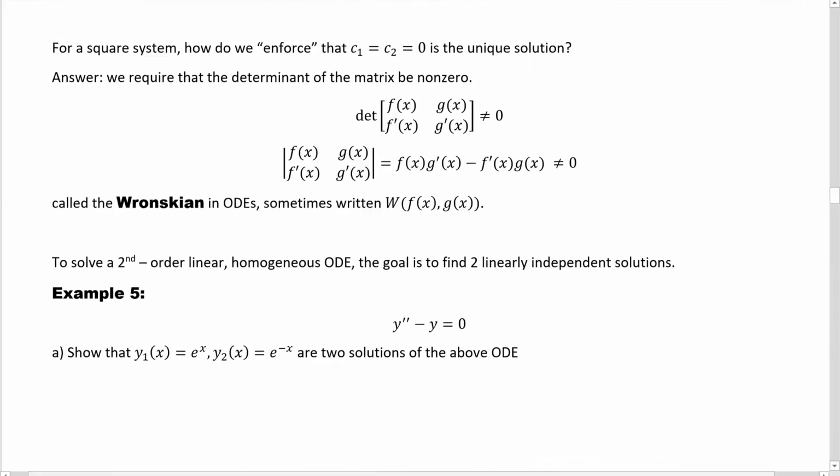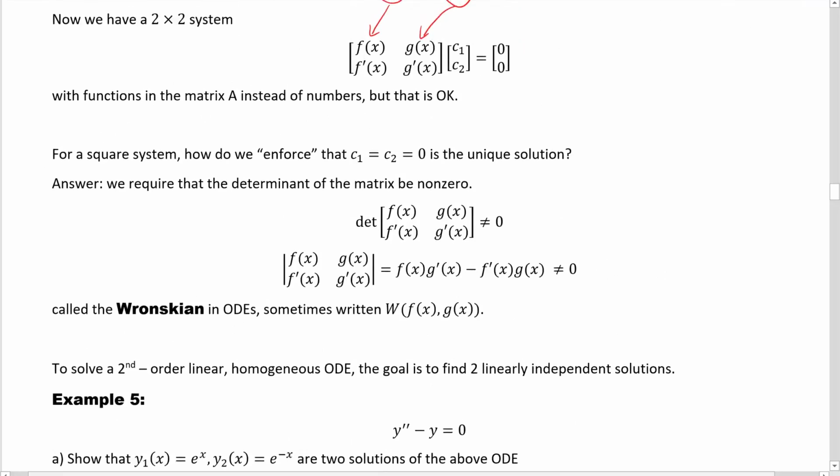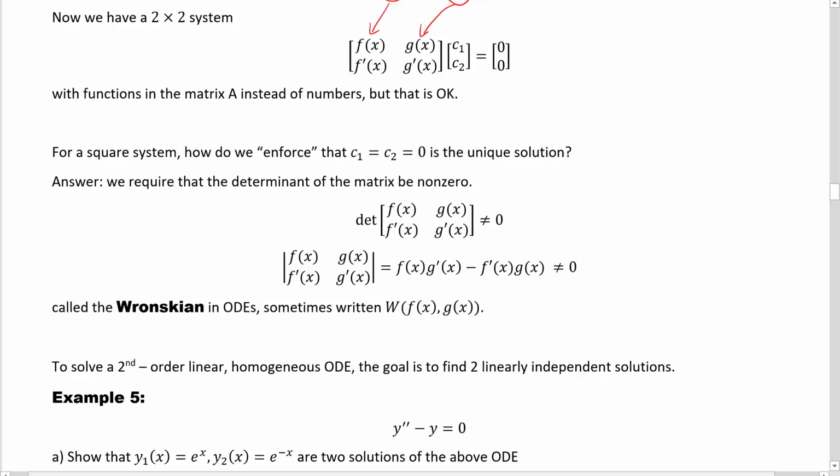For a square system, meaning 2 by 2 or 3 by 3, how do we enforce that c1 and c2 equal to 0 is the unique solution? The answer is we require that the determinant of the matrix be non-zero.